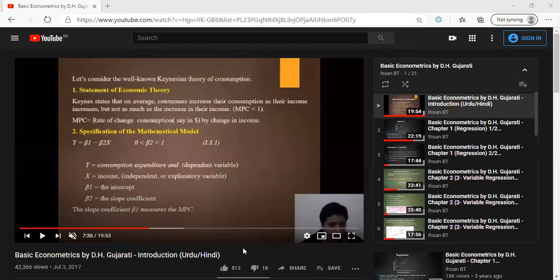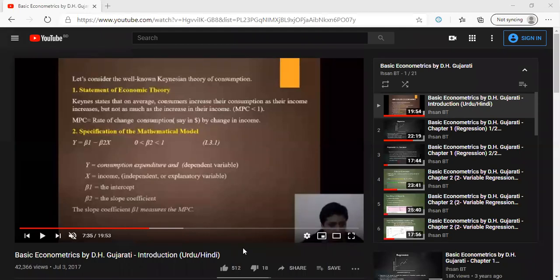So what is dy/dx? Beta 2. What is it telling you? It is telling that if X increases by $1, then Y will increase by beta 2.